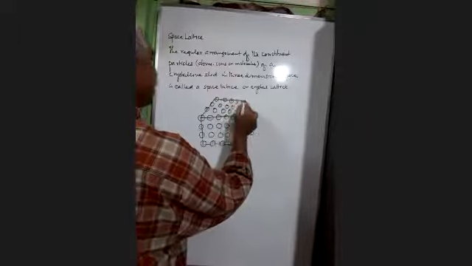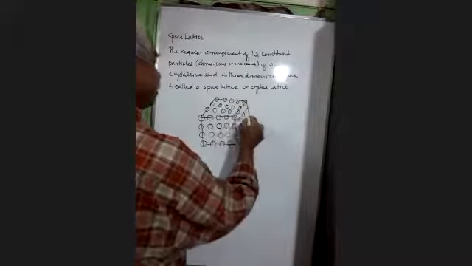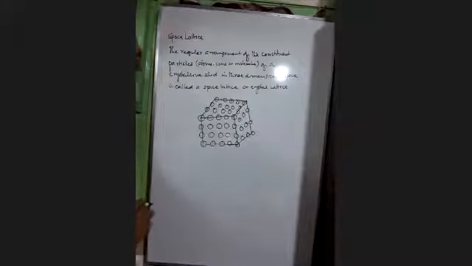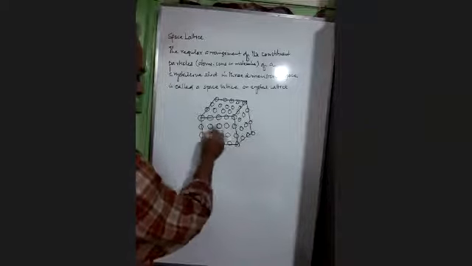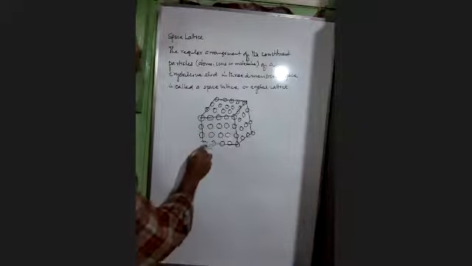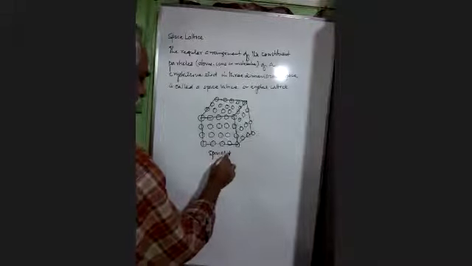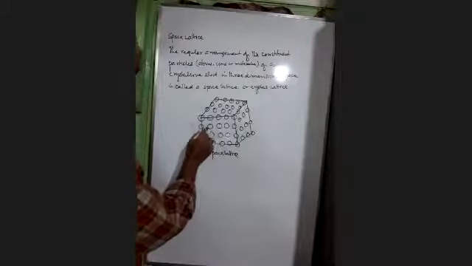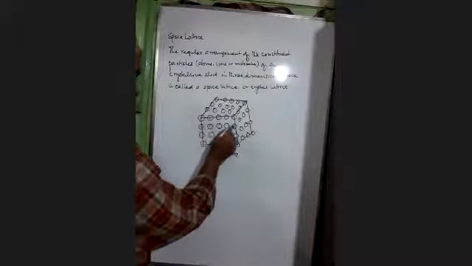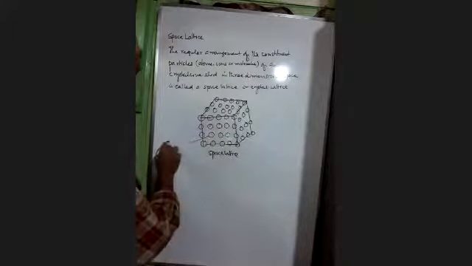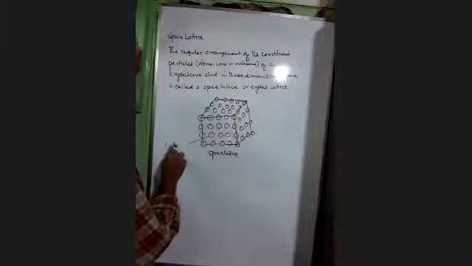My drawing is not nice. You draw much better than me. Okay, see, this is the one. So this is a space lattice. As the particles are regularly arranged, this is a space lattice. And these points where these particles are placed, all these points or places are called lattice points.